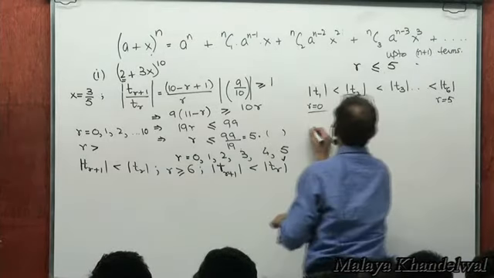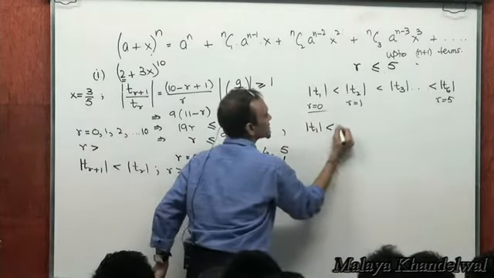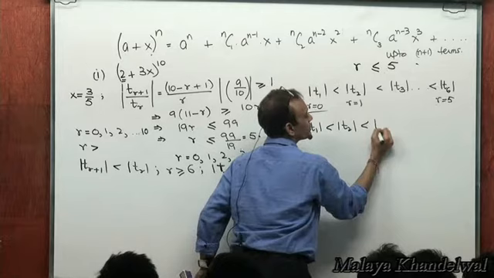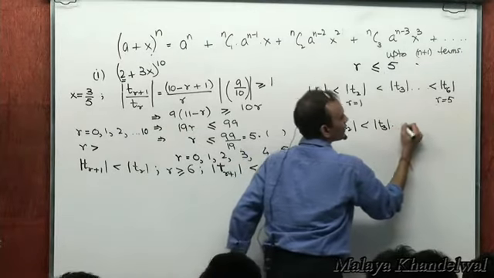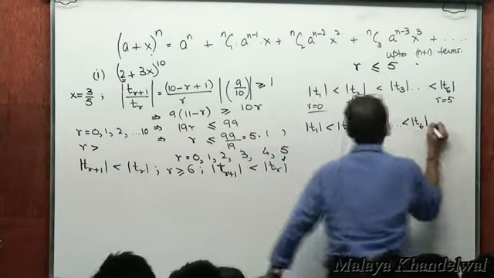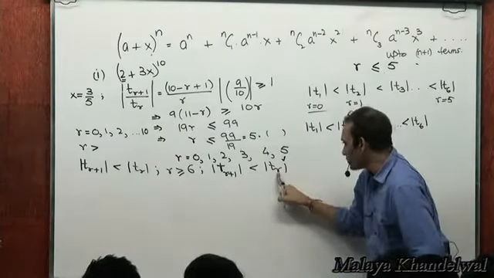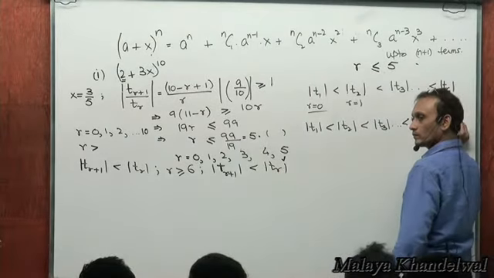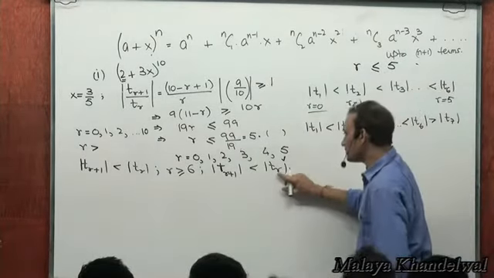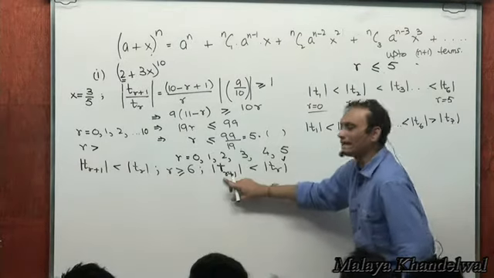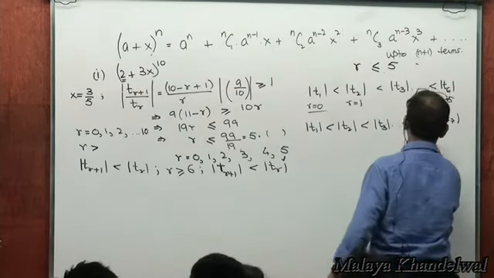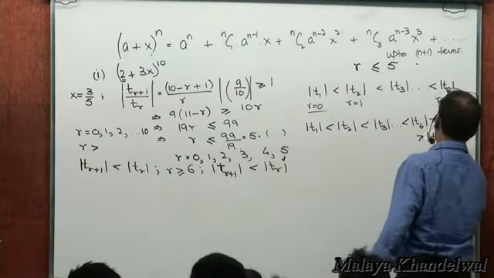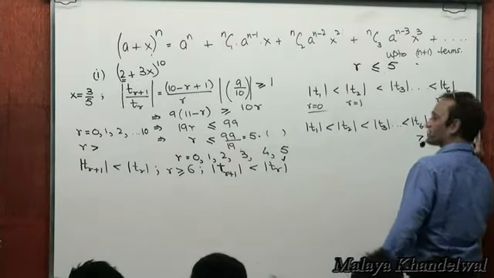This is mod t1 less than mod t2 less than mod t3 and so on up to mod t6, and for r equal to 6, mod t6 will be greater than mod t7, right? For r equal to 7, mod t7 will be greater than mod t8. Similarly, greater than mod t9, etc.